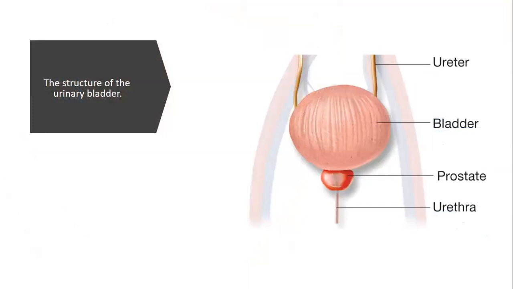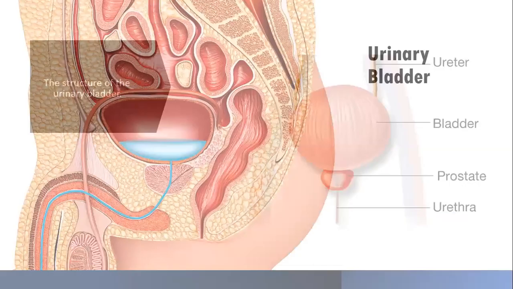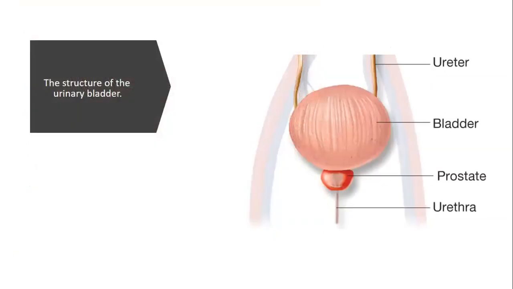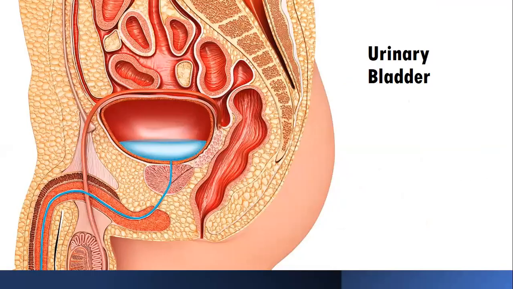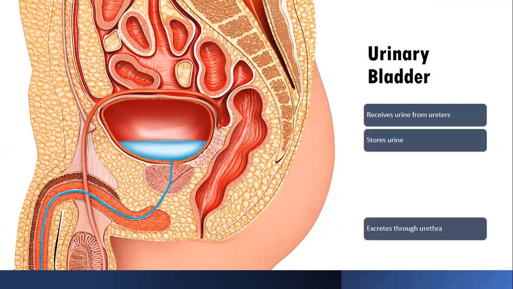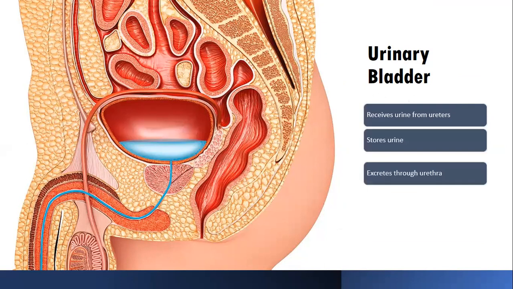The structure of the urinary bladder. Here are the bladder and the prostate in the male, and then the urethra, in a sagittal section of the pelvis. We see the urinary bladder receives urine from the ureter and stores the urine, which is excreted through the urethra.